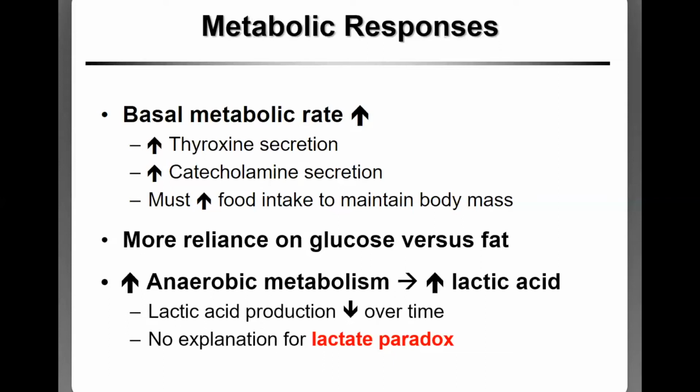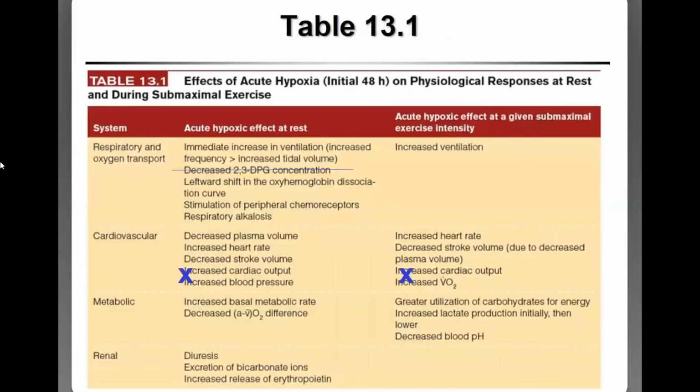Paradox meaning it goes against what we believe, it doesn't quite make sense, and we don't have an answer to explain this phenomenon. So this is the lactate paradox, where according to everything we just covered, anaerobic metabolism would be heavily used, we believe lactic acid would increase. But what happens at altitude is that lactate production decreases over time.